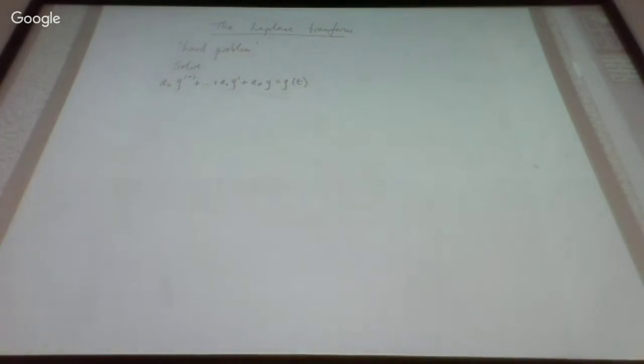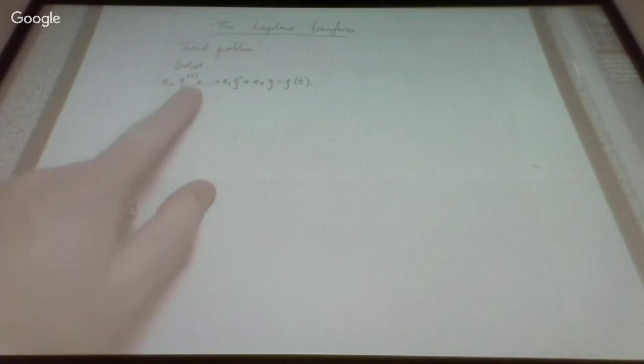So this is the differential equation, or the format of a general linear ordinary differential equation of constant coefficients, which I showed you on page 29 a few moments ago. So here we're using a different notation for the derivatives. So the y with the superscript in brackets means the nth derivative of y, and so on. So that's the hard problem.